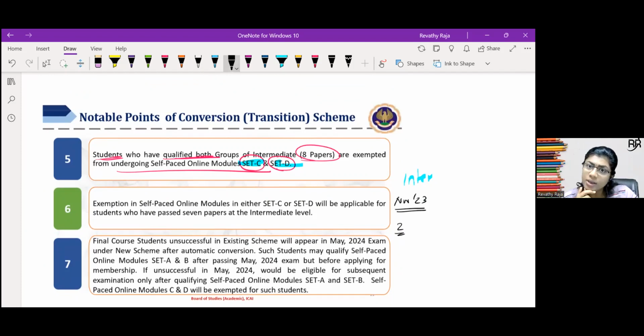Then, should we appear for set A and set B? Answer is yes. What is exempt? Only set C and set D.